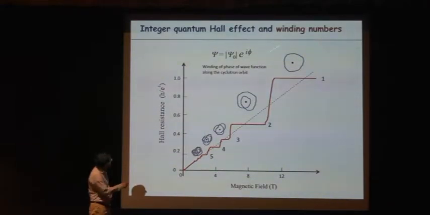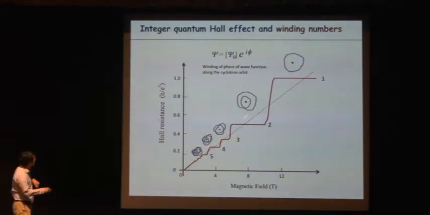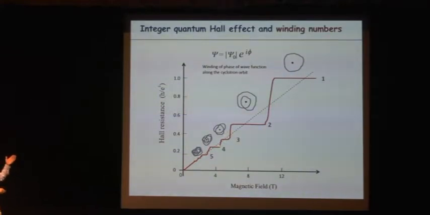So if it is one wind of the phase angle, that's 1, corresponding to the first step. If the phase angle winds around twice in the cyclotron orbit, that's 2, and winding number 3 becomes the third step, and so on. So that beautifully explains why there are discrete steps and why the steps are so exact, because the underlying mathematics of the quantum wave function is dictated by this integer number, which is completely discrete and precise, right?